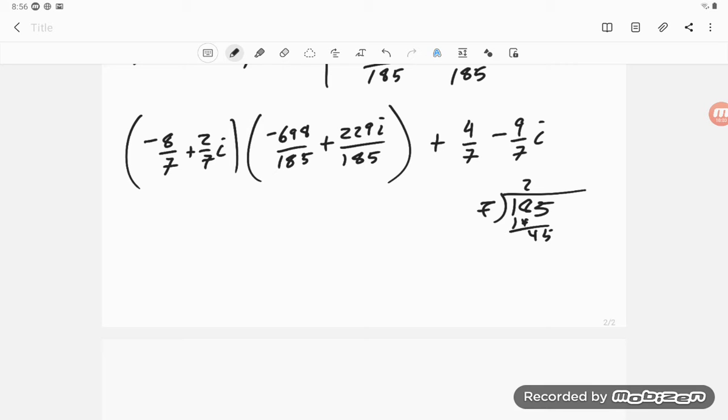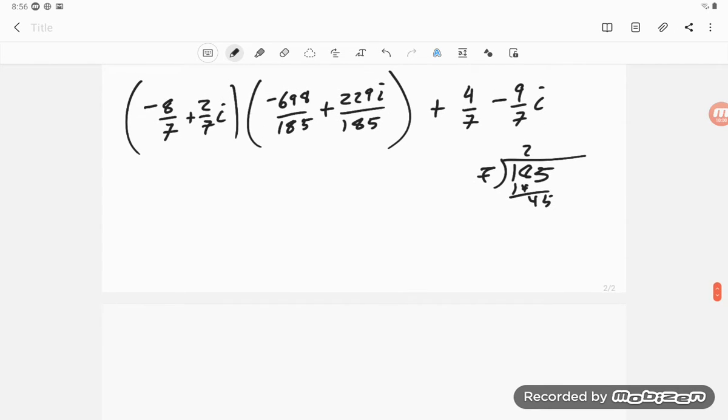So I guess what I'm going to do is try to do my calculations in decimals, because I just really don't want to do this, right? So let's write out the pieces and then I'll do it in decimals. Yuck. So this is 8 times 698 over 185, and then, oops, times 7.